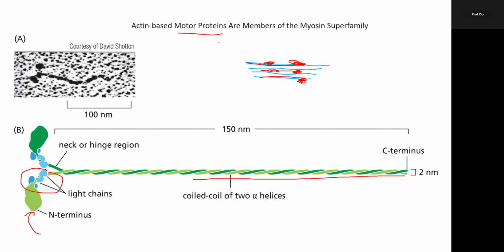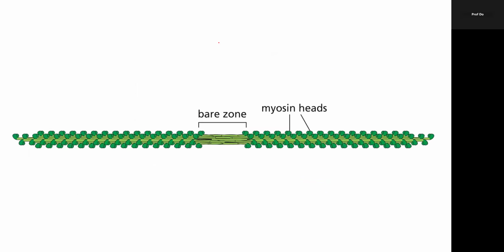Now, for our case, these motor proteins are directly attached to the cytoskeleton because they're there to move and contract the other filaments and squeeze them together during muscle contraction. So right here, you can see all the myosin heads wrapped around the main actin filament inside, which isn't shown, but there is going to be a region where it is completely barren.